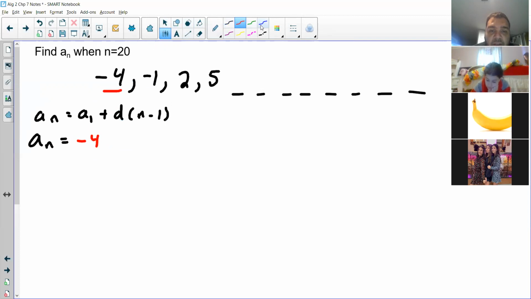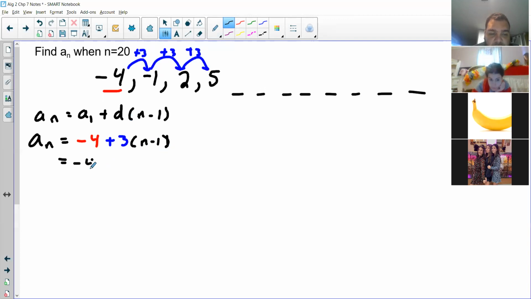It's okay, your first term could be a negative. And it seems like my pattern looks like a +3. It's definitely from -1 to 2, a +3, and from 2 to 5 is a +3. Times (n minus 1).